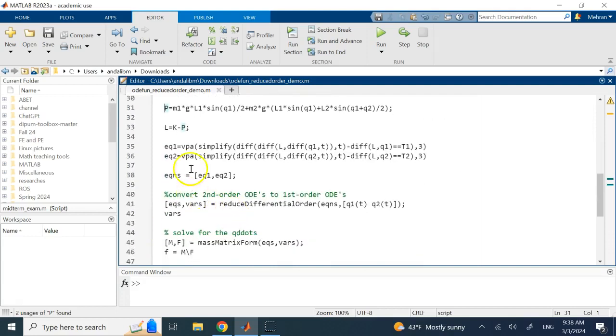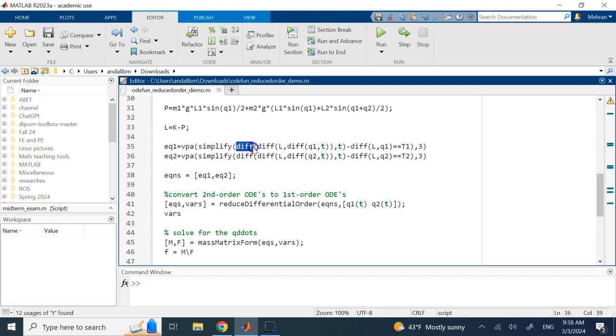I subtract to get the Lagrangian, and then here I have my Euler-Lagrange equations. If you remember, first you take the time derivative of L with respect to Q1 dot and Q2 dot, which are these inner parentheses terms. This is the partial derivative of L with respect to Q1 dot and Q2 dot.